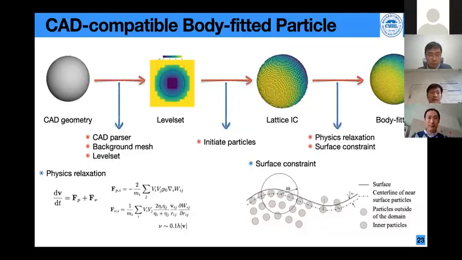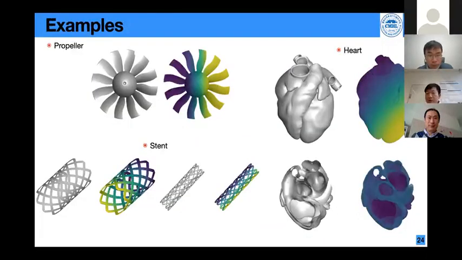There are several examples using our CAD-compatible body-fitted particle generator, and all these examples have very complex geometry. As you can see here, this is a propeller, and it has a very sharp surface. Also, this is a heart model derived from an image. And this is the particle distribution for two standard structures.